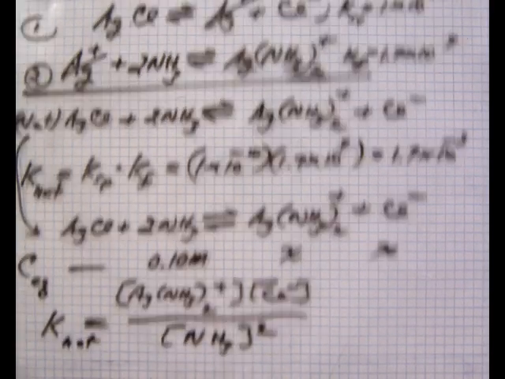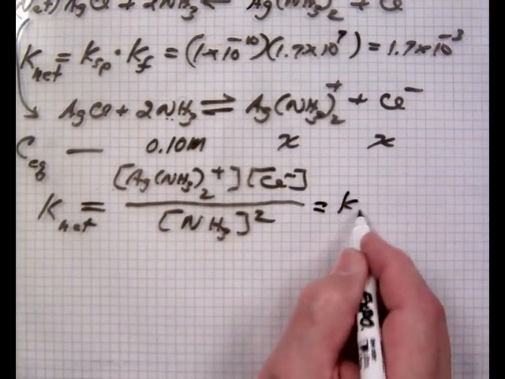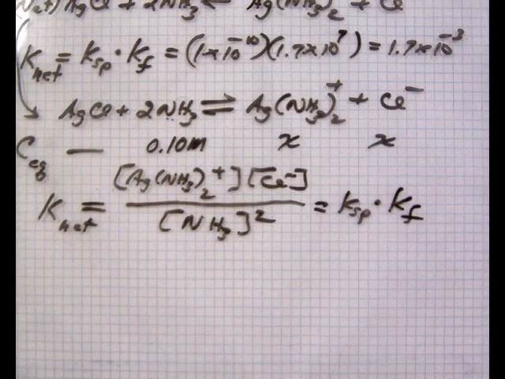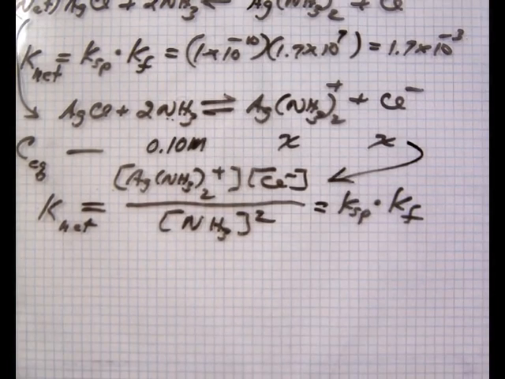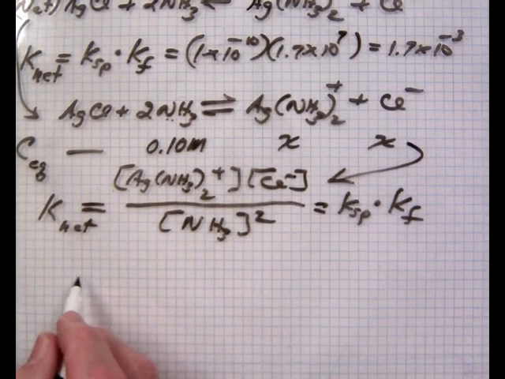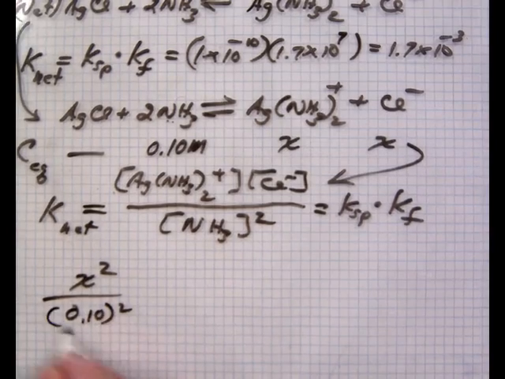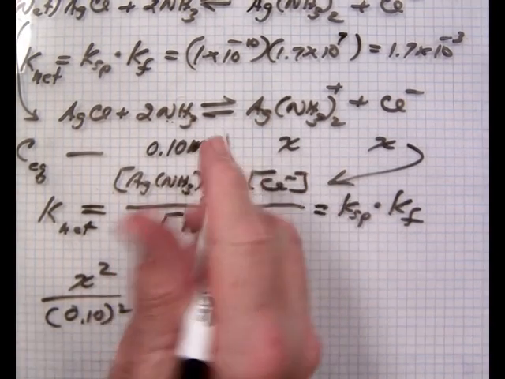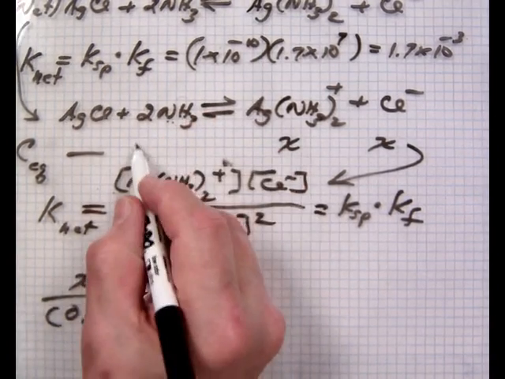Now the K net is KSP times K formation. So substituting these into your equilibrium expression, you wind up with X squared over 0.10 squared. Oops, I forgot to put the minus 2x in here. Sorry about that.